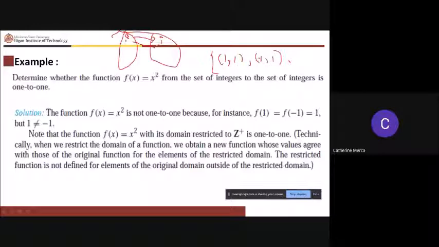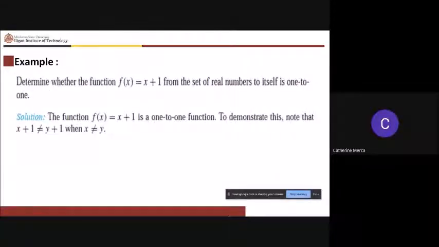Are you still with me? Maklaro ninyo? Si negative 1, pares si negative 1 kay yung pares, i-square ninyo, 1 gyapon. So let's make it not one-to-one. Kay si 1, si negative 1, si 1 gihapon yung pares. Kani pareho 1. Okay?